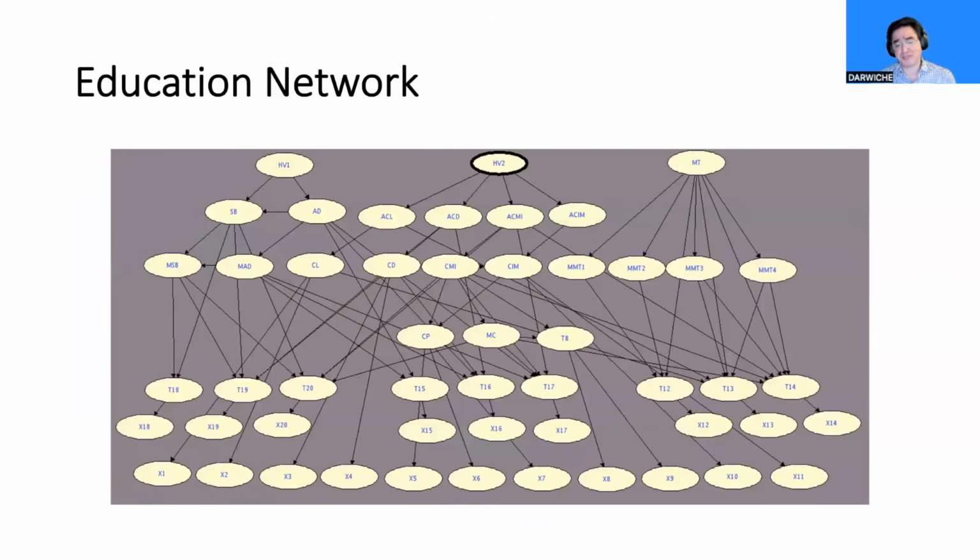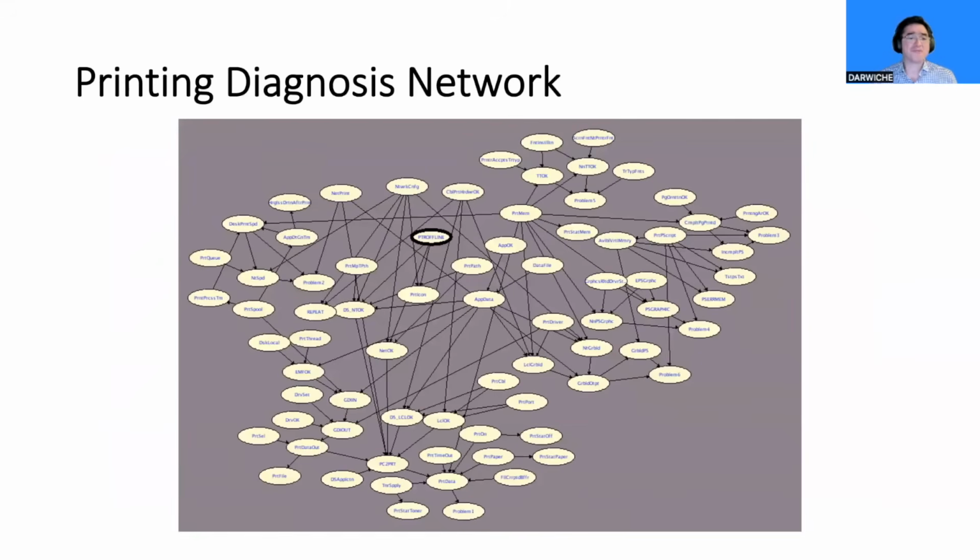In fact, for some of the case studies we looked at, including this one, where we compiled classifiers in the domain of education, these were the classes, and we're trying to assess skill level for students based on answers they give to questions. Here's another one from troubleshooting. I think this network comes from Microsoft Research.